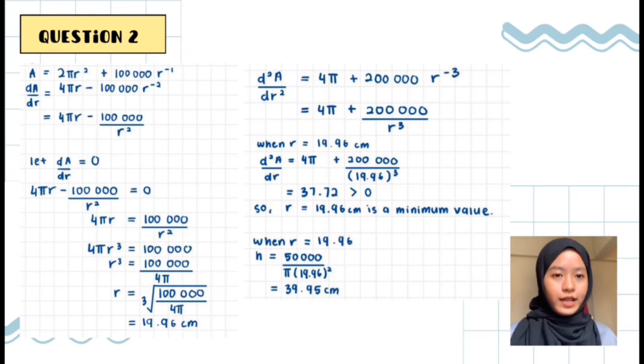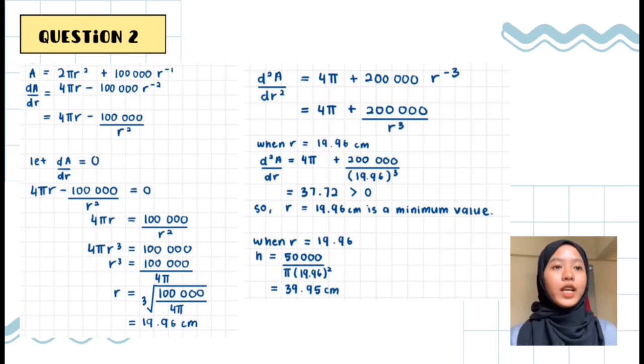So dA/dr = 2 multiplied by the power 2 becomes 4πr, minus, because we multiply by -1, positive and negative become negative, 100,000r^-2. Why -2? Because the power -1 minus 1 gives -2. So we conclude that dA/dr = 4πr - 100,000/r².